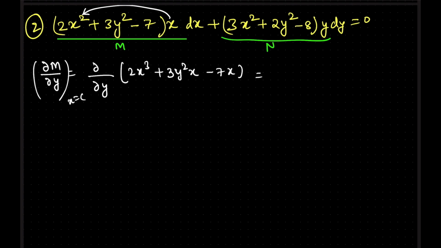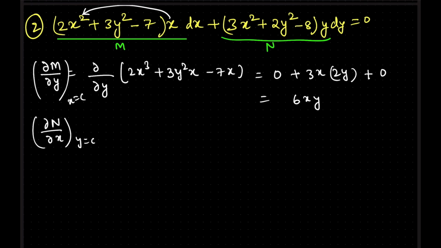Here you will get the first term as 0, the second term: x is constant, so 3x will come outside, and if you differentiate y² you will get 2y. Then again the third term has only x, so it will become 0. So we got 6xy.